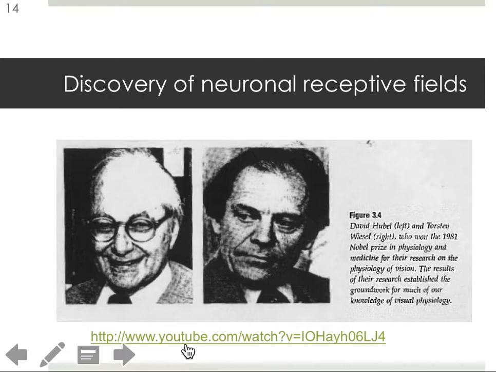So they kept using different slides, the old-fashioned rotating slides in a slide projector. They had this cat with its head mounted, looking at the screen, and they were projecting all these different slides of different points in space, and the cells were just not responding. So the study was really not working out very well for a long time.